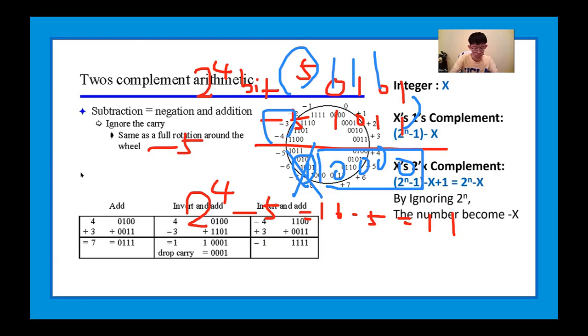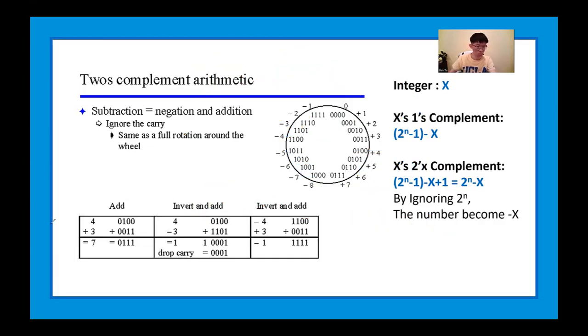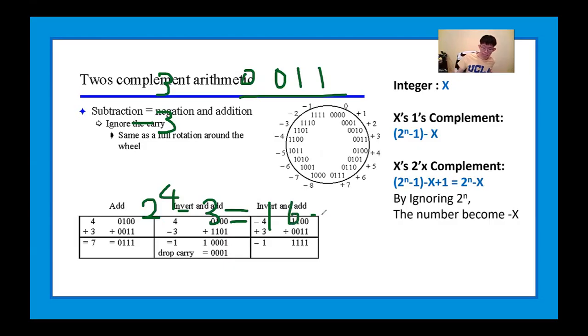So that's actually a 4-bit system. So let's assume that we have a 3. The negative 3 will be represented as 2 to the power 4 minus 3. It is 16 minus 3.